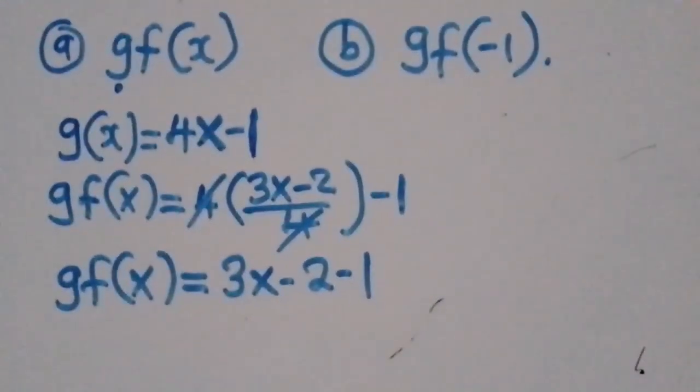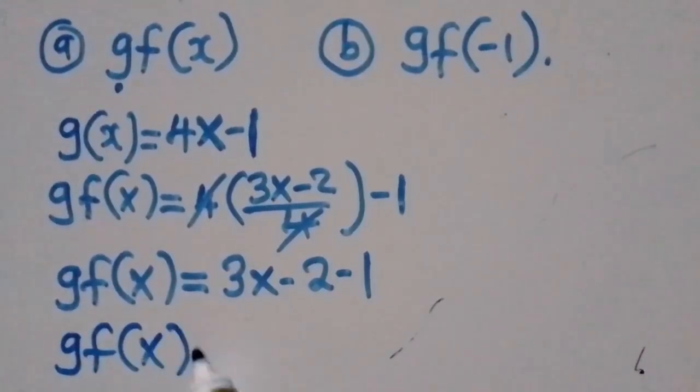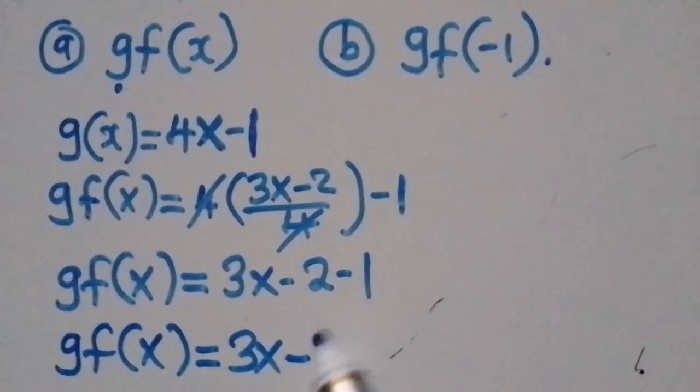So fg of x is equal to what? You say this is 3x minus 3. This is your answer. That's how you need to work out that one.